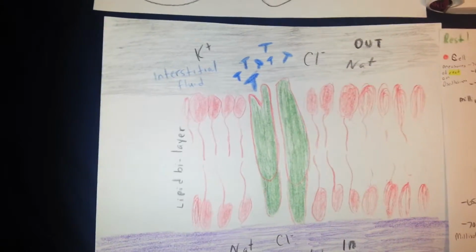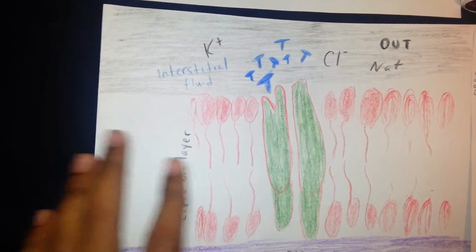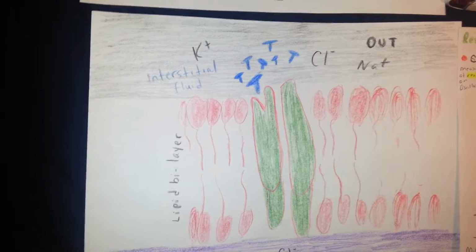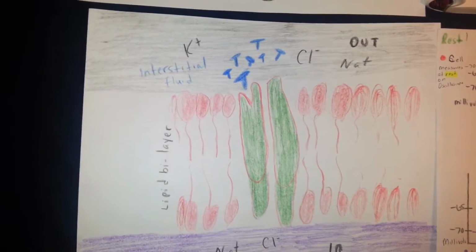And prior to moving forward, just a little background information: the lipid bilayer, which is this entire thing right here, and just imagine it extending further on both sides, separates two important fluids. One fluid on the inside of the cell and one fluid on the outside of the cell.